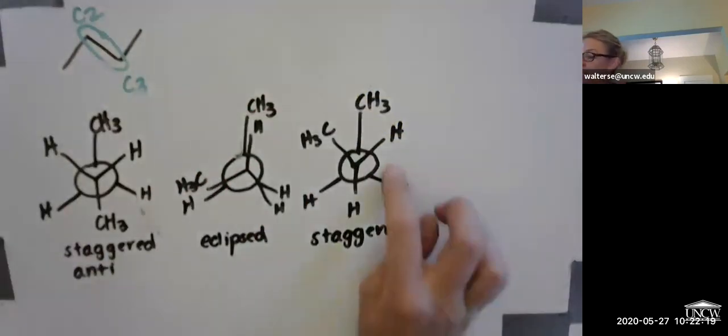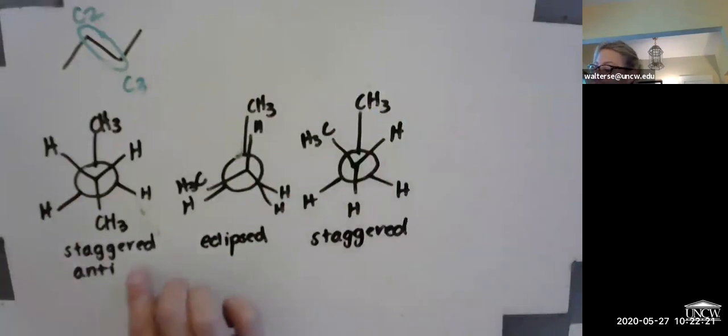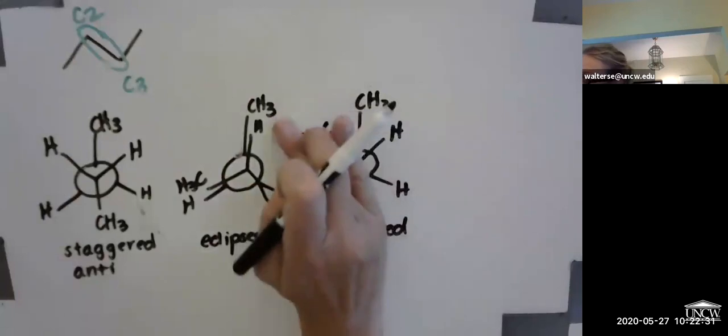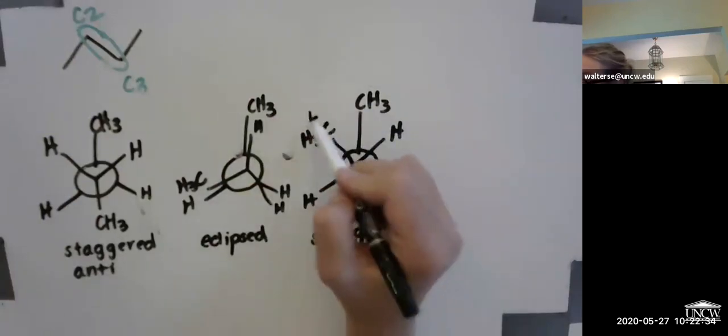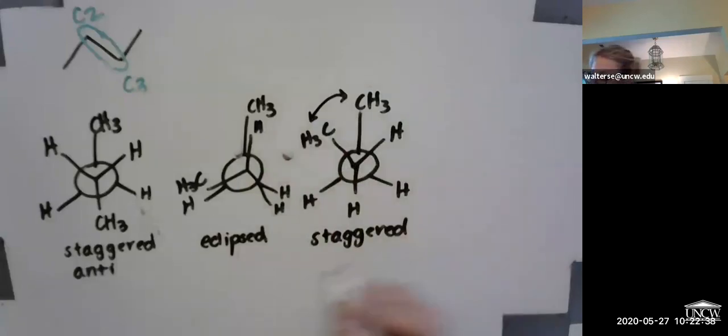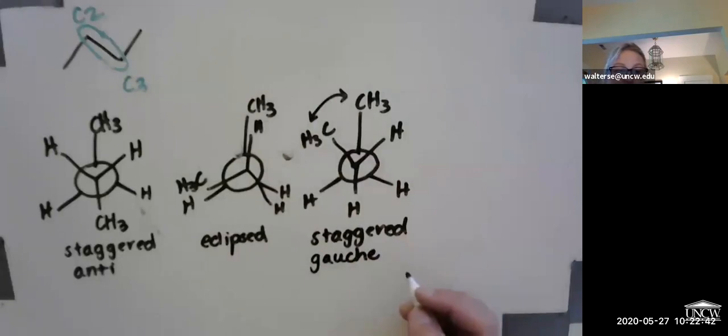So this staggered conformation does not have the same energy as this staggered conformation. This staggered conformation has a component of steric strain from these two groups being close. It's called a gauche interaction, G-A-U-C-H-E. So this is staggered but anti. This is staggered but gauche.